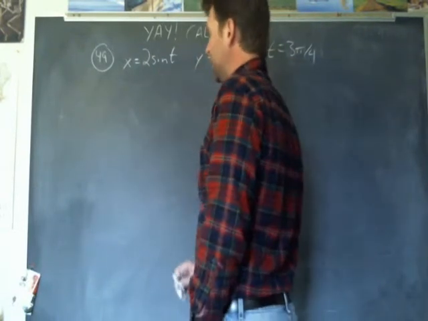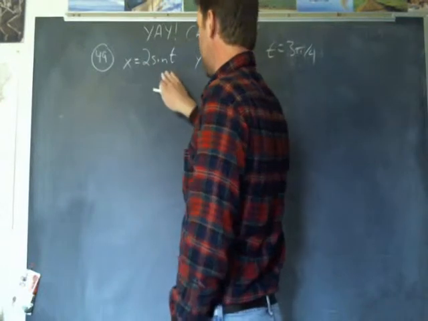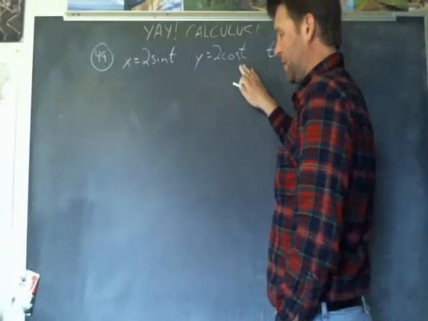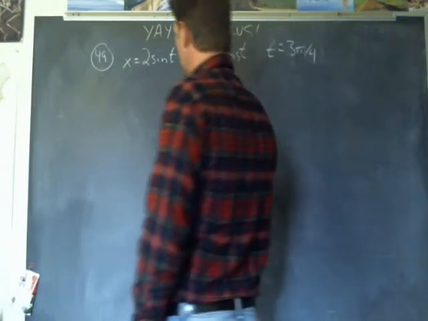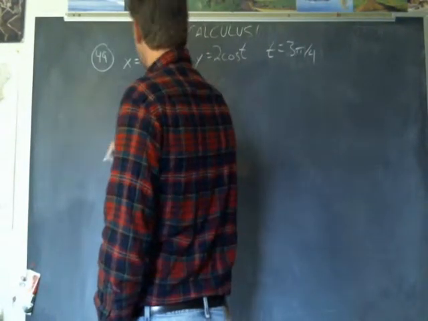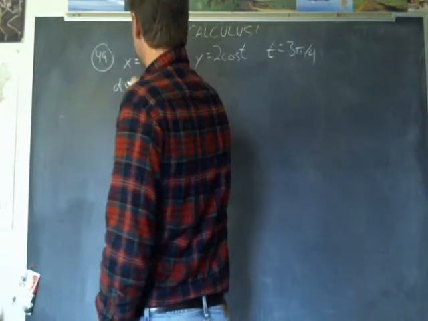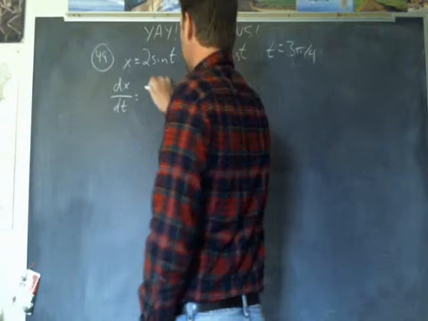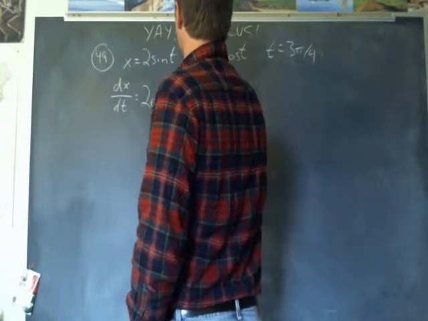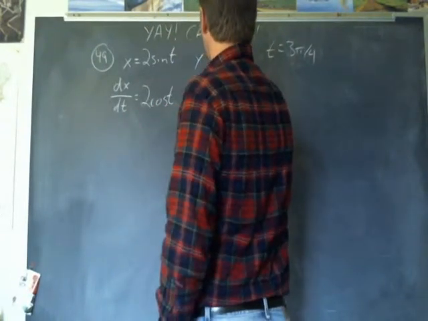So we're going to differentiate x with respect to t, differentiate y with respect to t, and then we'll get dy dx by our formula, dy dt over dx dt. So here we go. Differentiating with respect to t. Derivative of sine is cosine. Derivative of y with respect to t.